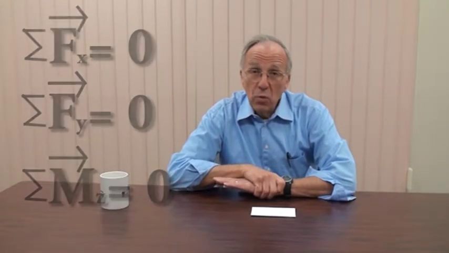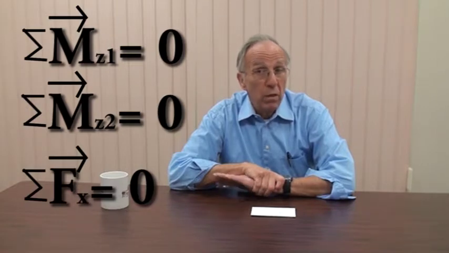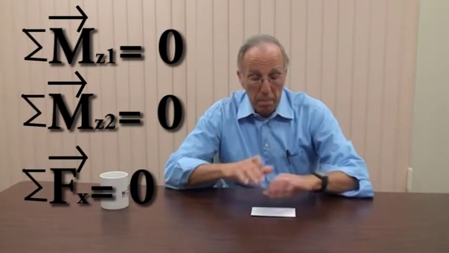Now these equations can also be arranged in a slightly different manner. As I described them, there were two force equilibrium equations and one moment equilibrium equation. However, you can also solve a two-dimensional equilibrium problem by using two moment equations and one force balance equation.